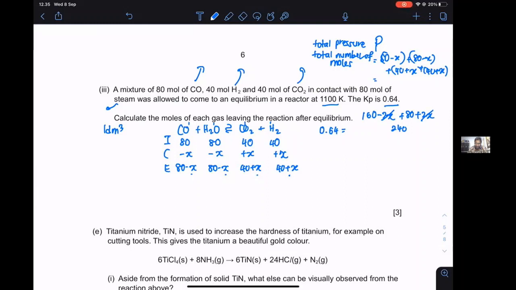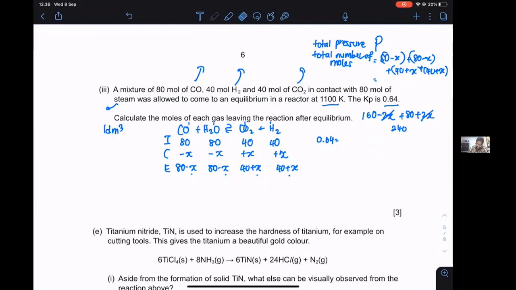So here, if I'm going to write the equation, the equation is going to be 0.64, for carbon monoxide, 80 minus x, divided by 240 times P, that's going to be my partial pressure. And then, I think I made a mistake over here.